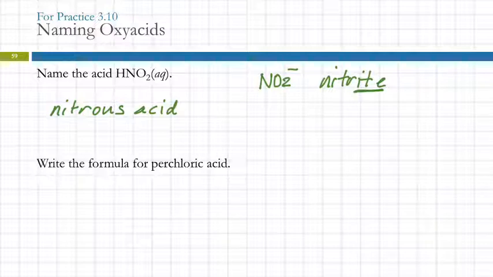Let's write the formula for perchloric acid. So we can tell from the name that this is an oxyacid because the other kind starts with hydro, and this does not. So perchloric comes from perchlor.